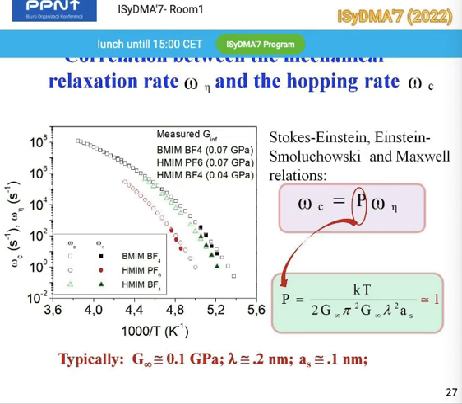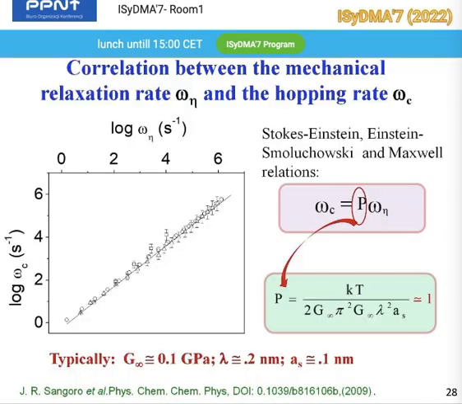And now we can do the following. We can also rewrite this in the following way. We have here a relationship between the hopping rate and the mechanical relaxation rate.